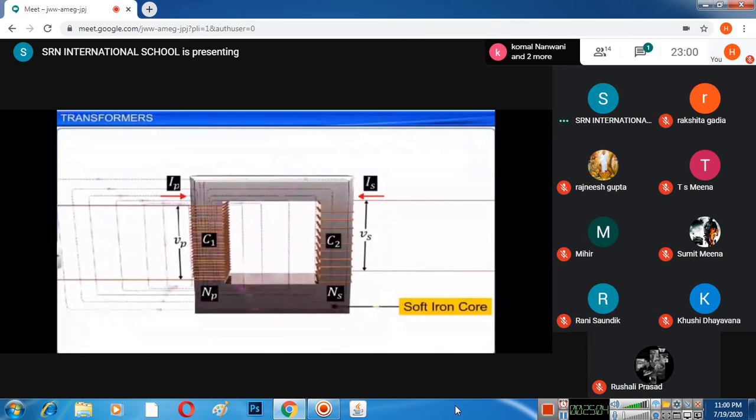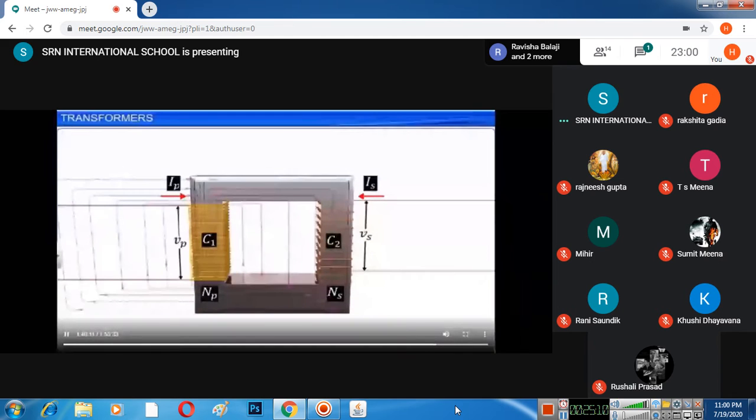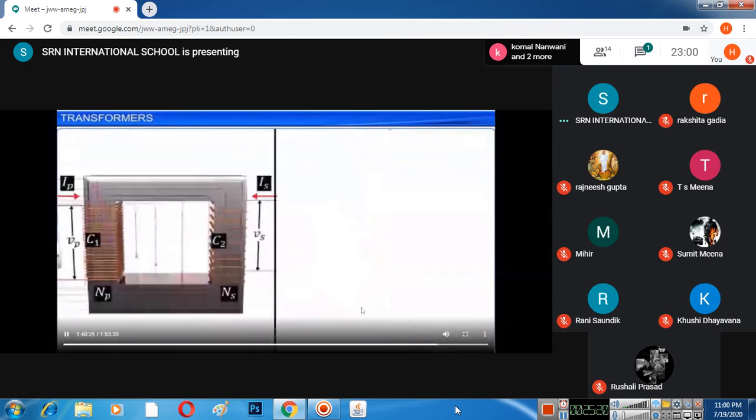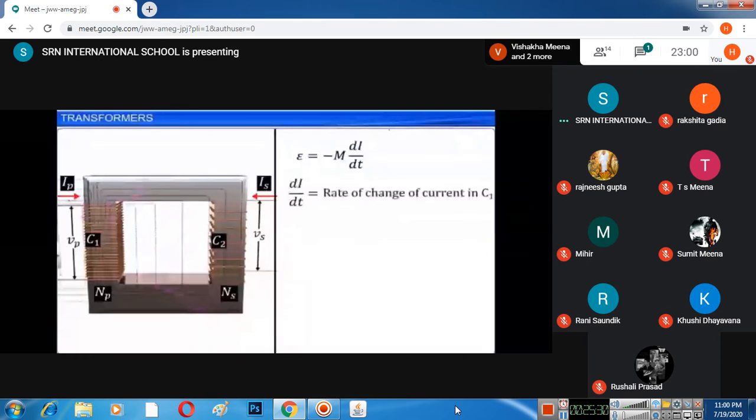If the time-varying magnetic flux produced by coil C1 passes through the other coil C2, an EMF E is induced in coil C2. The EMF induced in the coil C2 is equal to minus M di by dt. The di by dt is the rate of change of current in C1 and M is the mutual inductance of the coils.